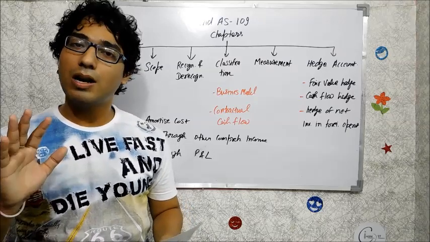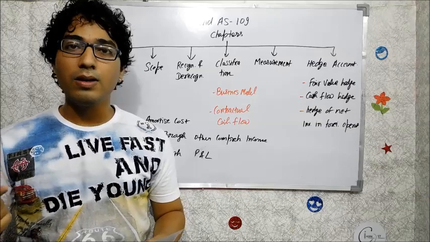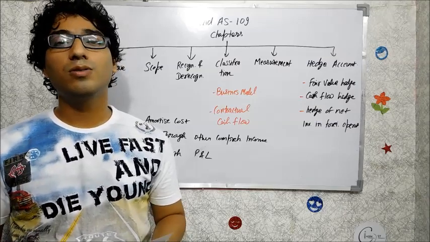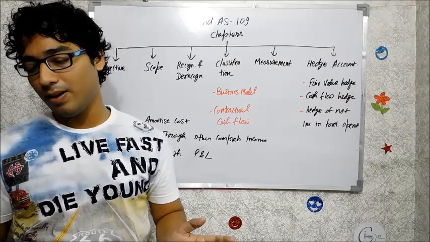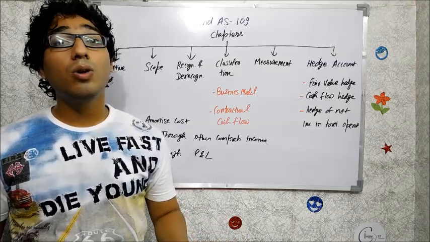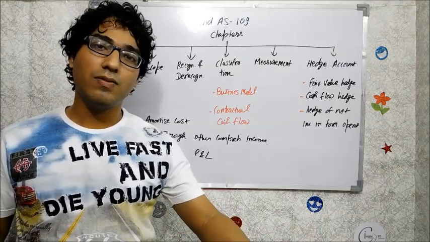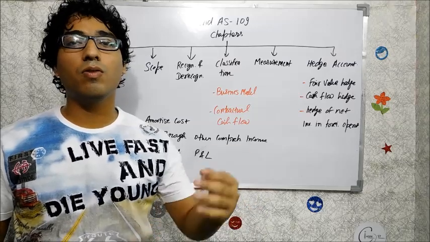Basically you are now confused because the language of this definition is quite confusing, so let me tell you by way of example. Financial assets would be cash, trade receivable, and loan receivable, when you give a loan to someone and you are in a position to receive the contractual cash flow from that person.